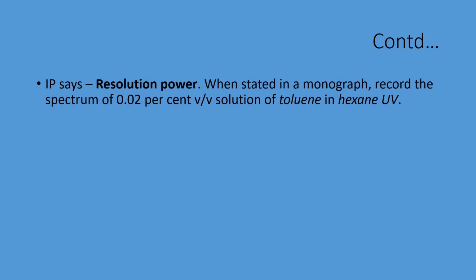The Indian Pharmacopoeia says, resolution power, when stated in a monograph, record the spectrum of 0.02% volume by volume solution of toluene in hexane UV. Here also you have to say UV means only UV grade hexane you have to use.